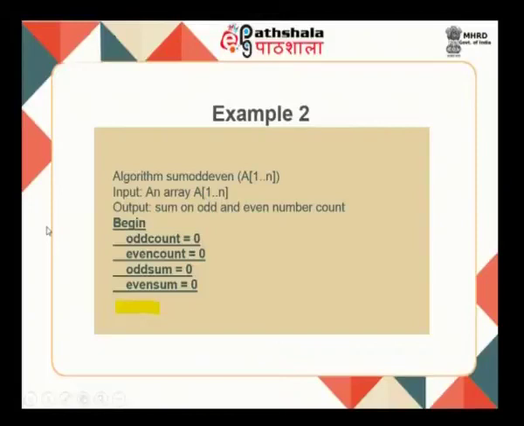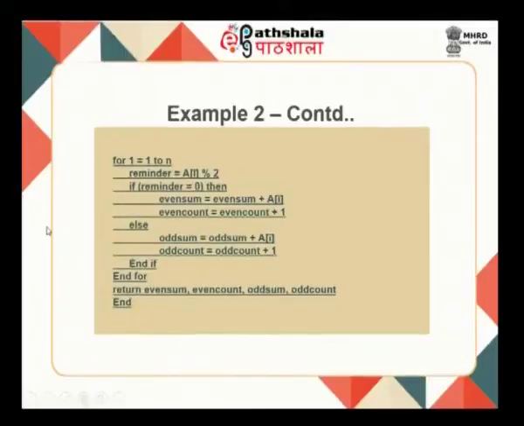Now, I am going to read from the array one by one, and I am going to check whether the number is odd or even. Fine. So, you know the logic of how to find the odd or even number. You can do modulus mod 2, and if the remainder is 0, then we can say that it is an even number.